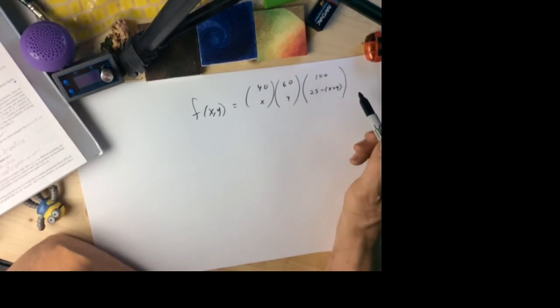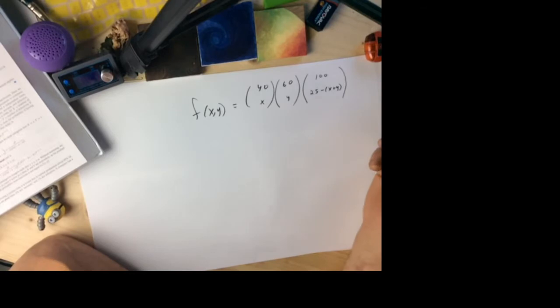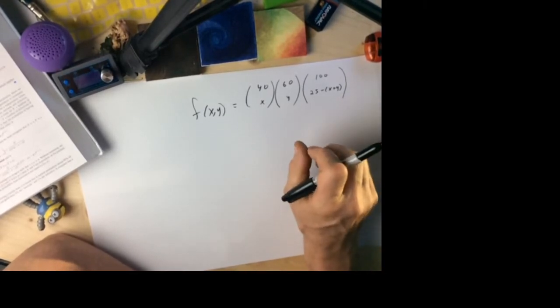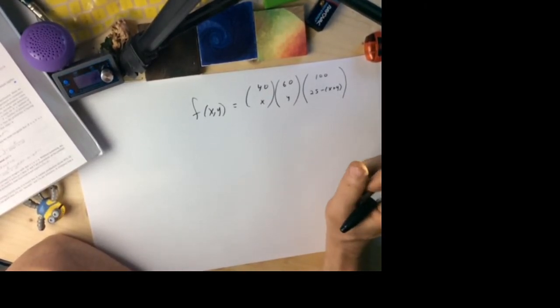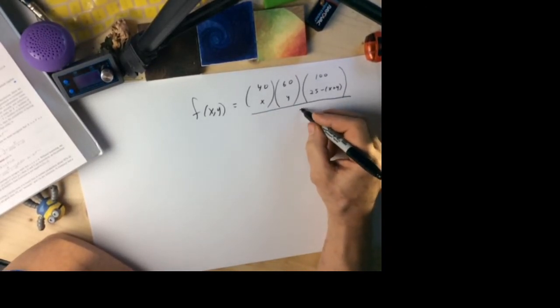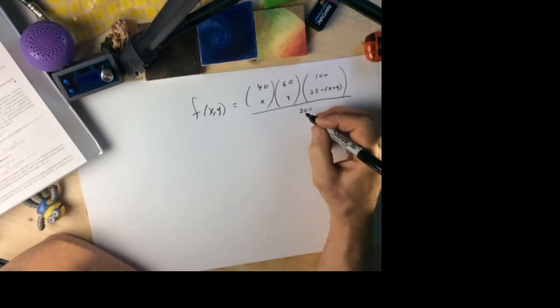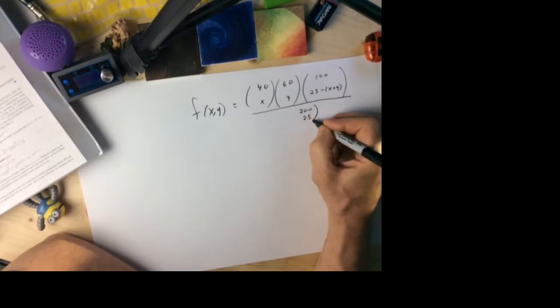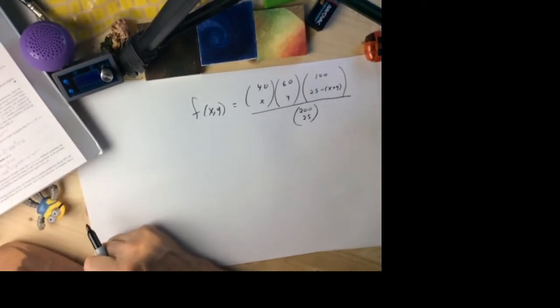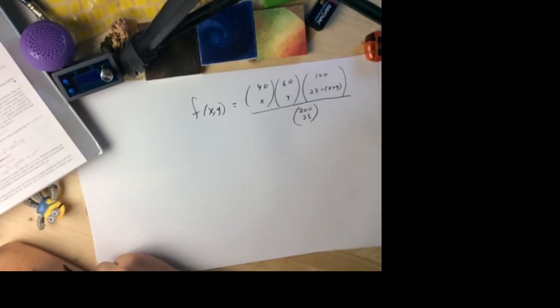Looks like there's 100 things where there's potential for 40 of the x's, 60 of the y's, but we're only grabbing 25. So it looks like we have some strange things going on here. And now, however, I'm going to put the denominator of 200 choose 25, and let's see if this is enough to understand what's going on here.